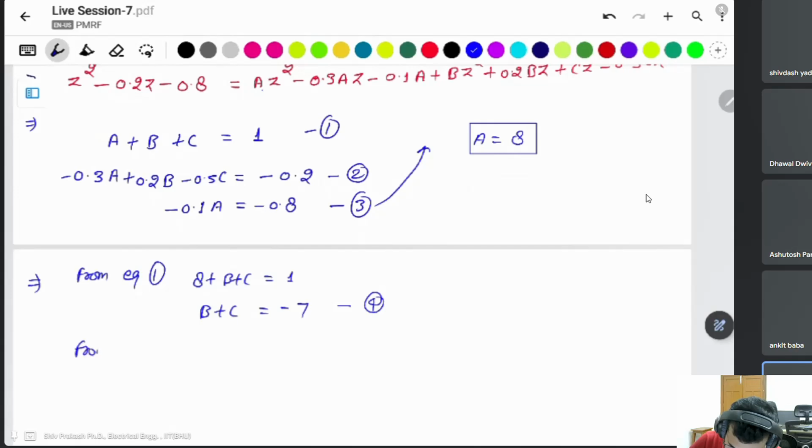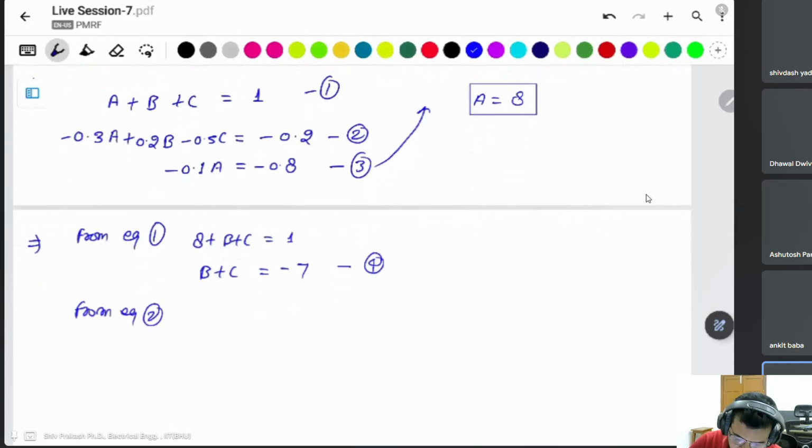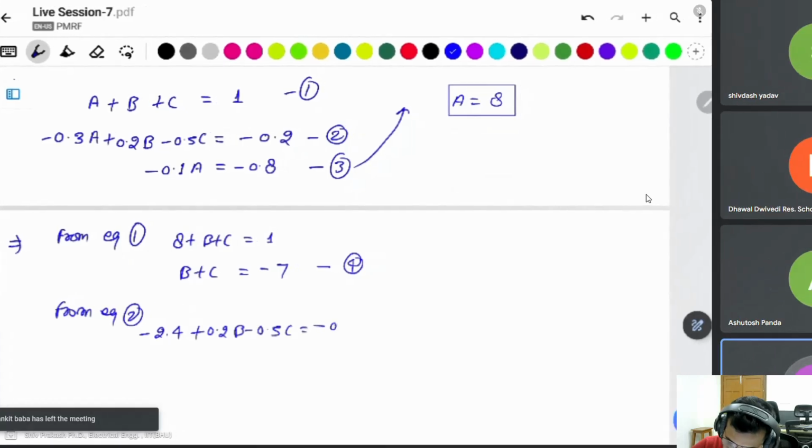From equation two, putting A as 8, 8 times 0.3 is 2.4, so minus 2.4 plus 0.2B minus 0.5C is equal to minus 0.2.